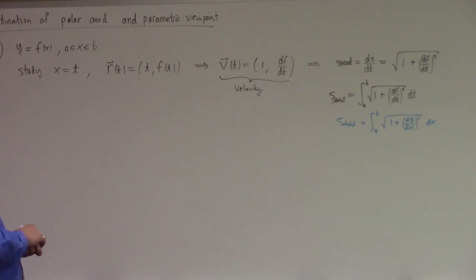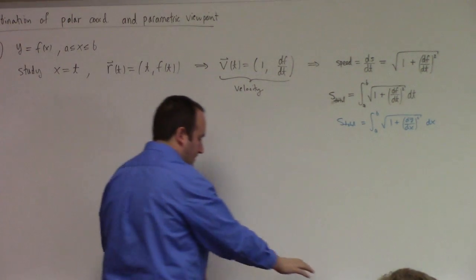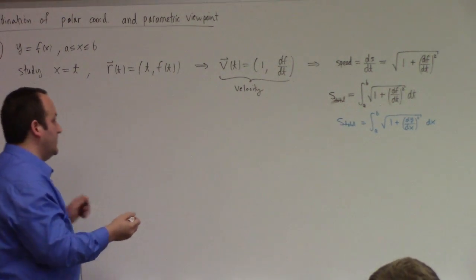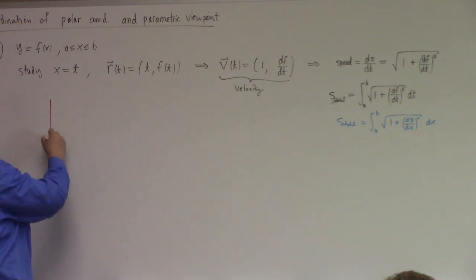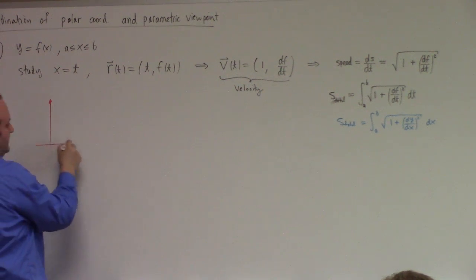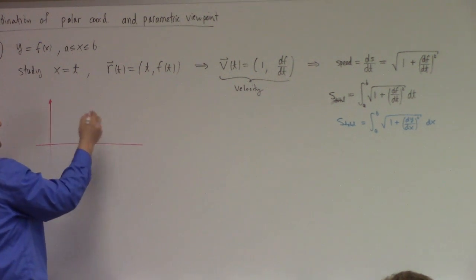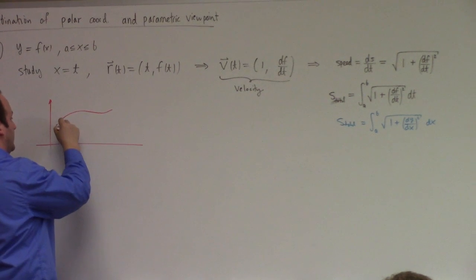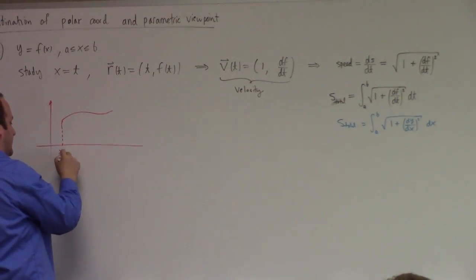Did I talk to you guys about the arc length function yet? What's the difference between total arc length and arc length function? Let me walk you through it for a second. Suppose we're looking at this curve, and it starts at x equals a in this case.